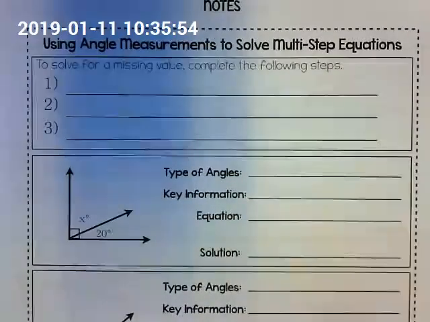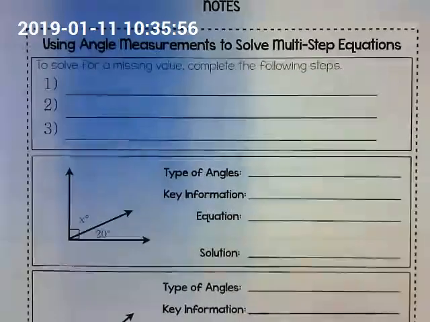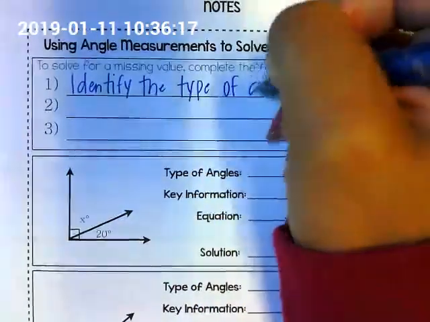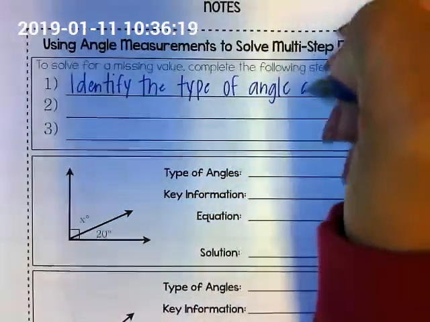All right, the first step when we're trying to solve using multi-step equations, or solving for the missing value, is to complete some steps. The first step is to identify the type of angle given. So let's write that. We're going to identify the type of angle given.